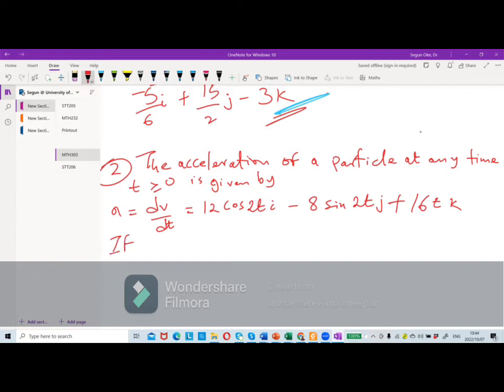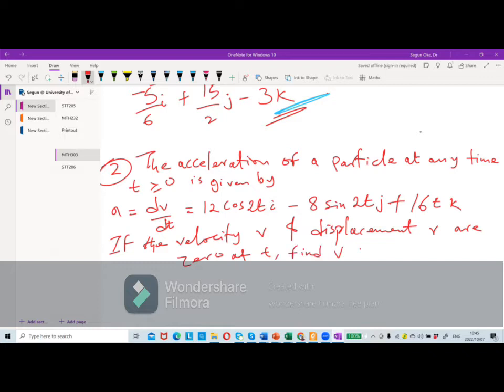So if the velocity v and displacement r are 0 at t equals 0, find v and r at any time.